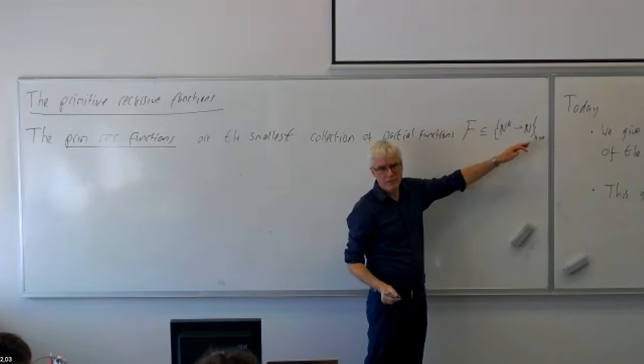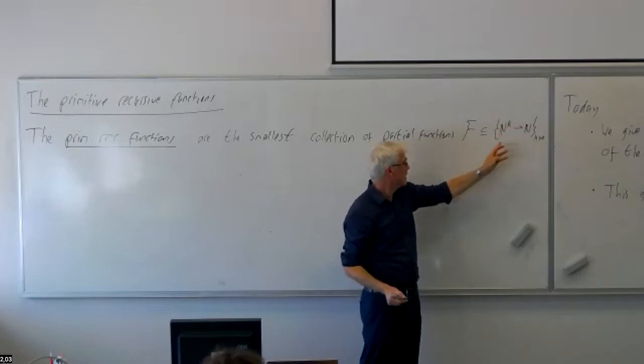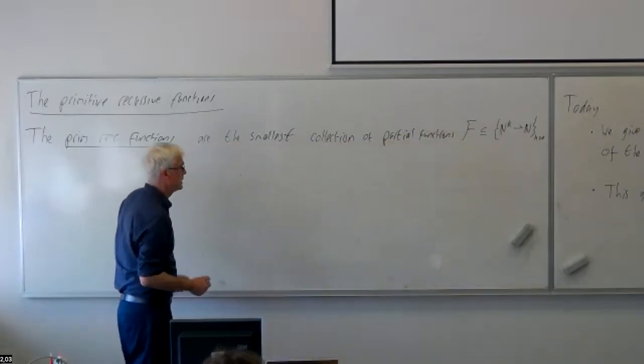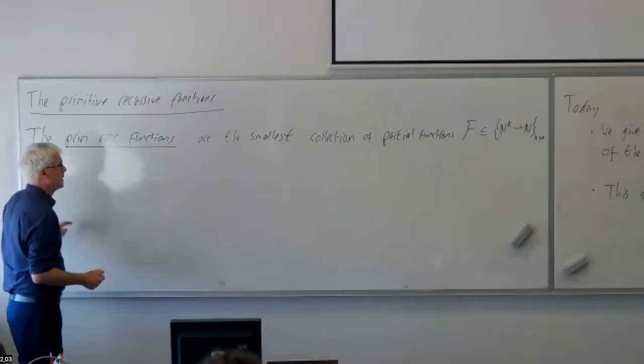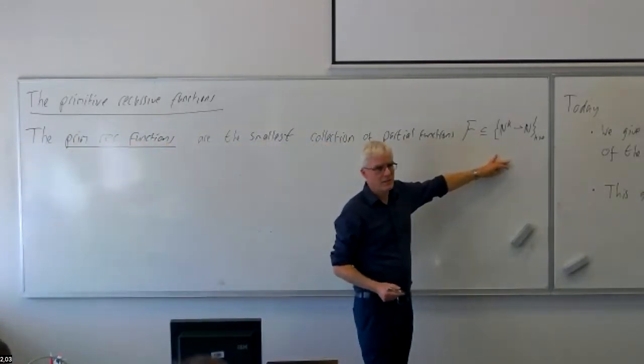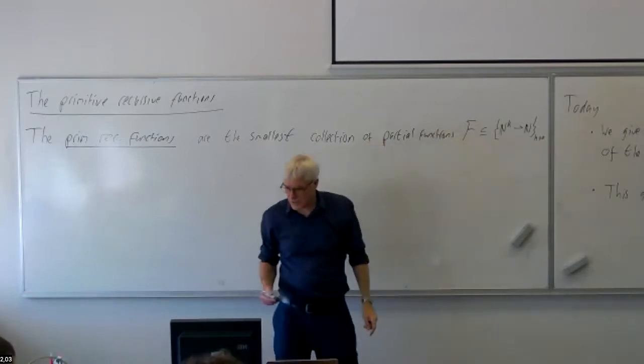Allowing some unary functions, some binary functions, some zeroary functions, and so on. So F is some collection of partial functions. It's the smallest collection that satisfies some conditions. So it contains the basic functions and is closed under some rules for combining functions.